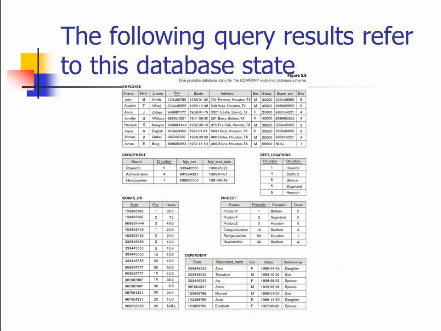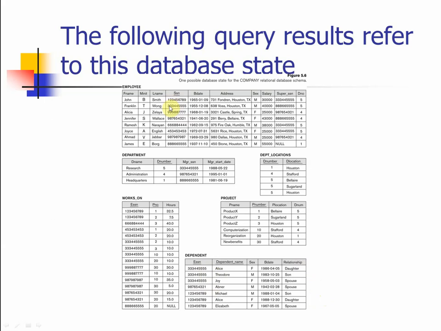Otherwise, we want to filter them out. And therefore, you can see that John Smith will be able to map with these 3 persons. So we will know that Michael, Alice, and Elizabeth are dependents of John Smith. Then others, since John Smith is not the employee they depend on, will be filtered out.